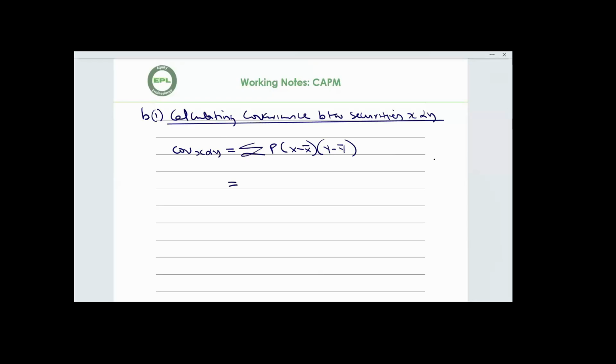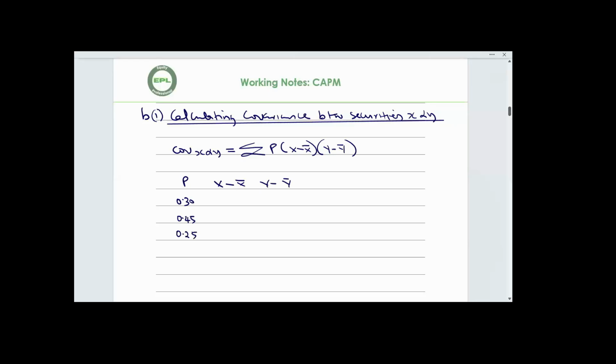So we have calculated all of this. Covariance is equal to, in this case, we are going to create a table: probability, X minus X bar, and Y minus Y bar. The probabilities are 0.3, 0.45, 0.25.